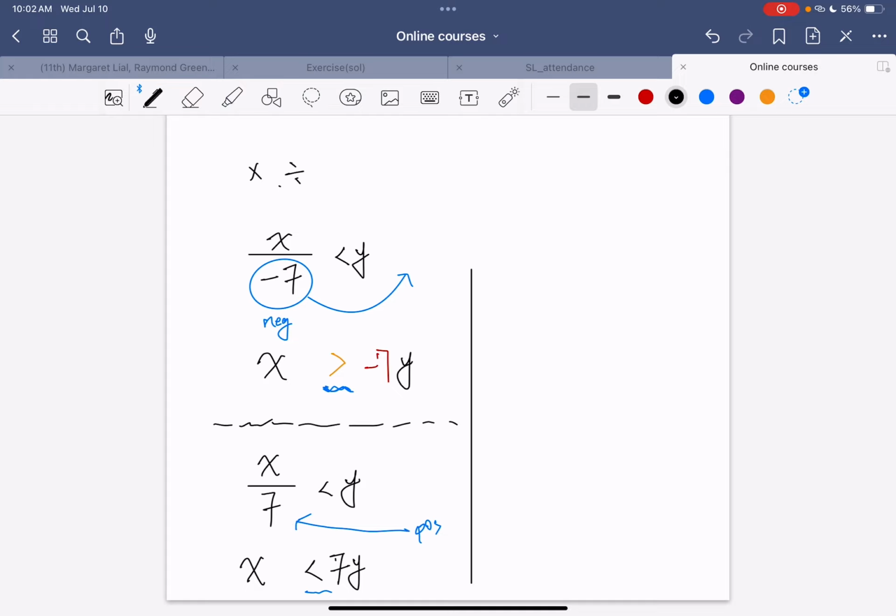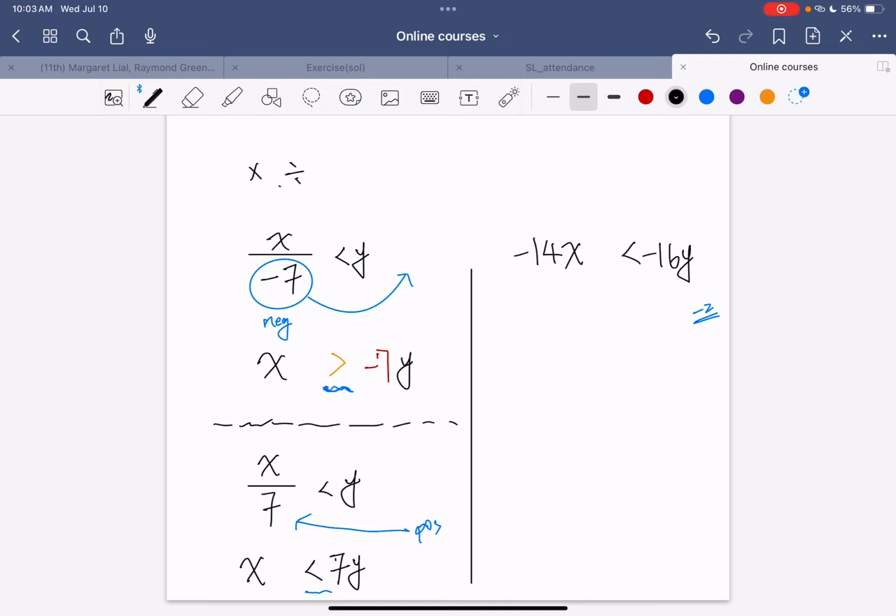Let's say that minus 14x is less than minus 16y. We do the negative first. We can say it has a common factor of minus 2. So we divide by minus 2 on both sides.